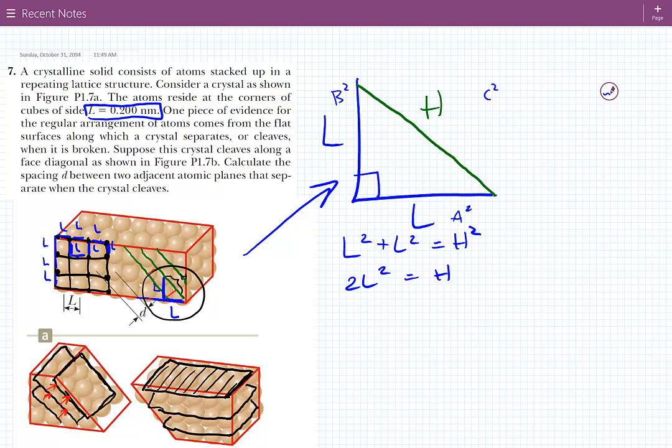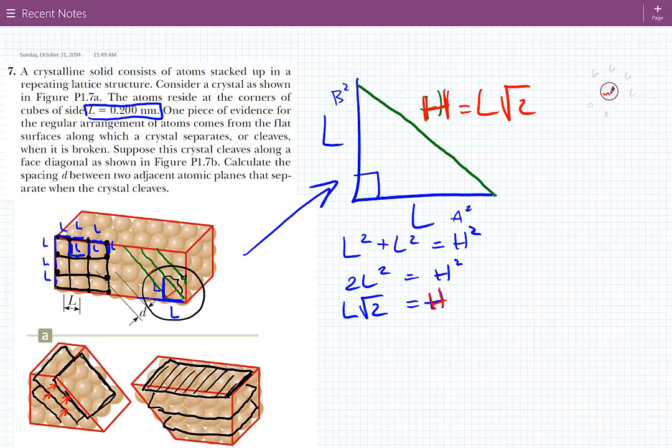Take the square root of both sides, we will get L times the square root of 2 equals H. So H equals L times the square root of 2.